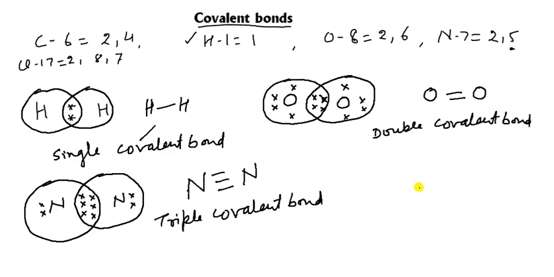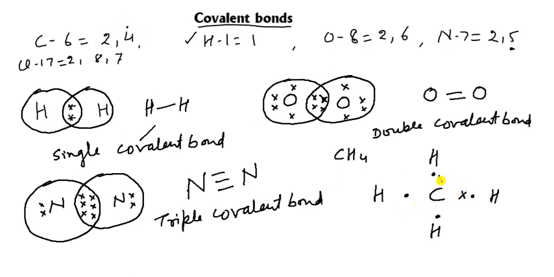So what about carbon and hydrogen? You can see carbon and hydrogen in the case of CH4, that is methane. Carbon is here, and one hydrogen is here, one here, and one here. There are 4 hydrogens, and hydrogen has only one electron in its outermost shell.